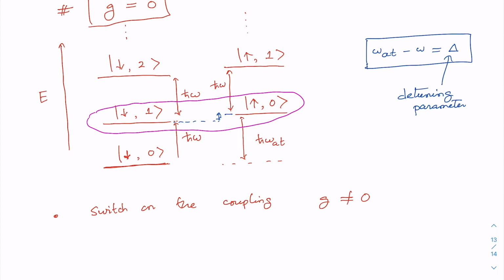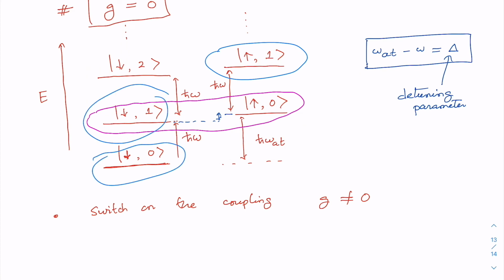For example, we can neglect the transition between this energy level and this energy level, or this energy level and this one.